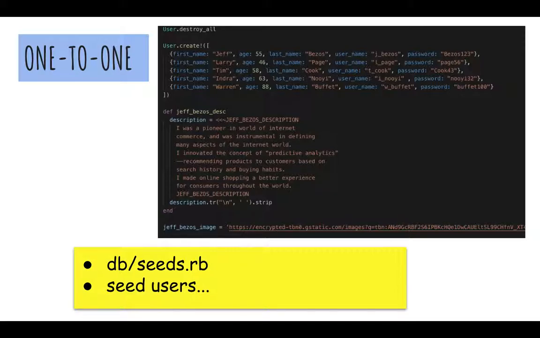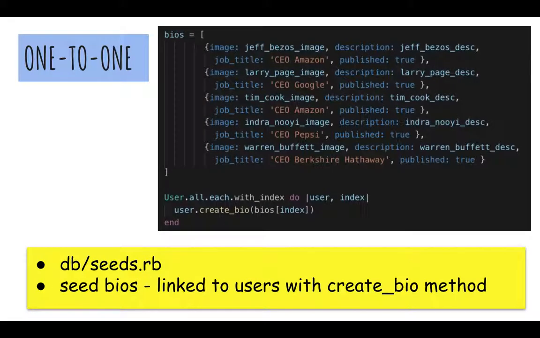So similar to what we've done before, we can create an array of users, so that's fine. Notice that I've used a bit of code here to represent the description on different lines. This is a good trick, and the .strip gets rid of the spaces within the string that's created.